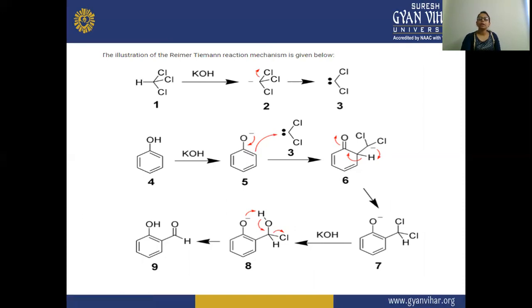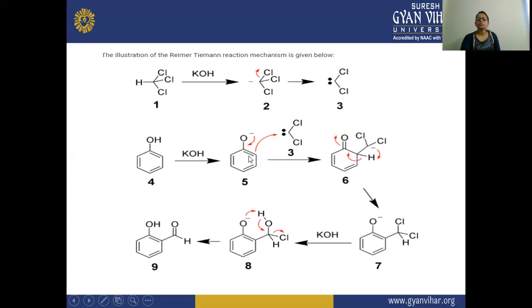After that, this carbanion electron is attached to the second position of this phenoxide. So this phenoxide is attached to this carbon atom. This oxycarbon has the negative charge, and the negative charge from this phenoxide ion is shifted to this position.